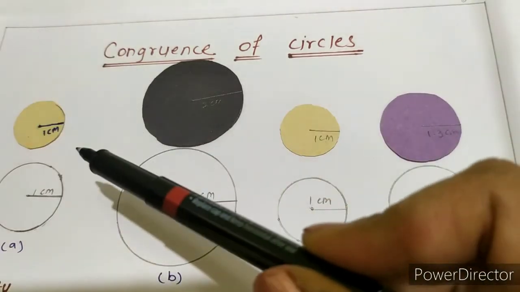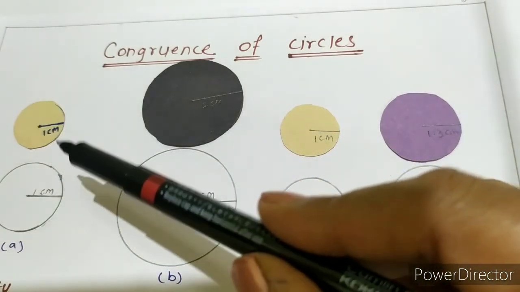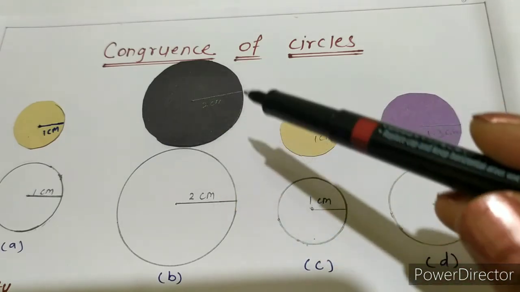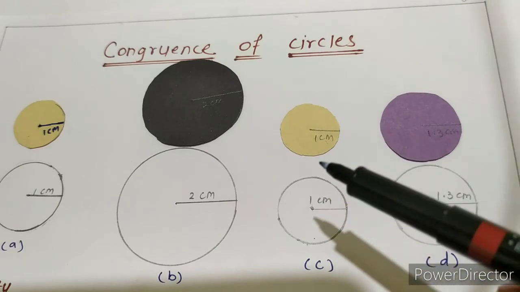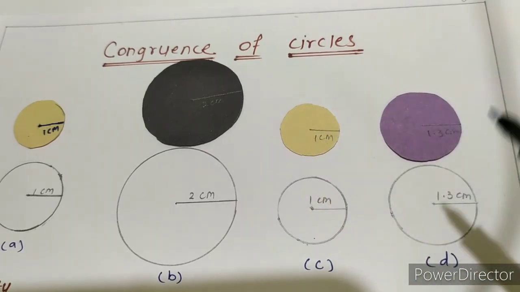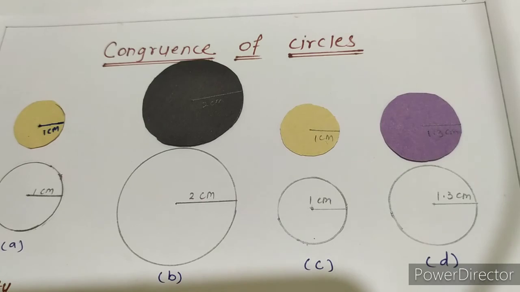This is the cutting of the circle of radius 1 centimeter. This is the circle with radius 2 centimeters. This third one, C, has radius 1 centimeter and D has radius 1.3 centimeters. Now we have to place them one upon the other.